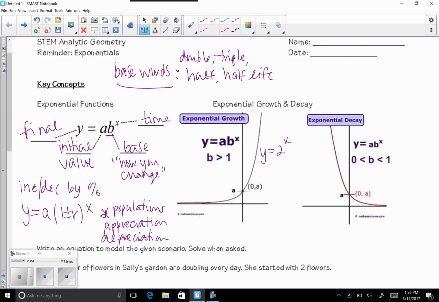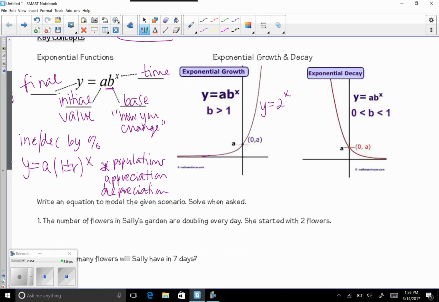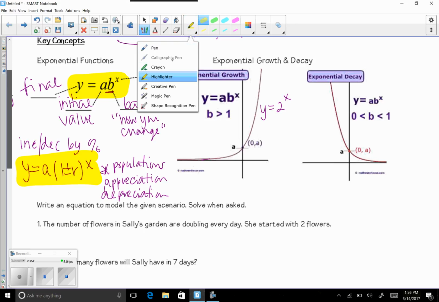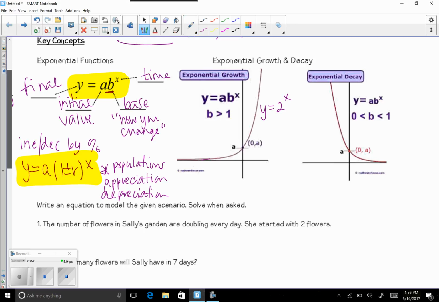So you have to consider the percents there. Using these two equations up here is what I want you guys to think about. And really tomorrow in class, we're going to be focusing more on percents, and we're going to be looking at populations and the spread of a virus.